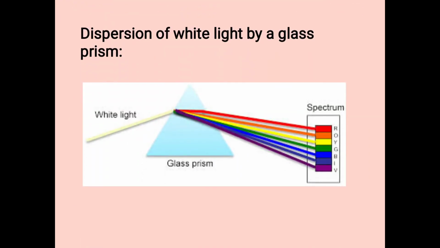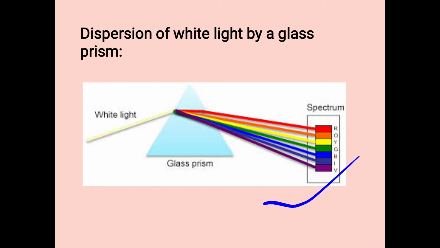Let's move towards the next concept, that is dispersion of white light by a glass prism. With the help of this diagram, we can see with the labeling that white light is incident on one face of the glass prism, then it gets refracted while passing through the prism and comes out as the spectrum, where we get a band of colors, right?